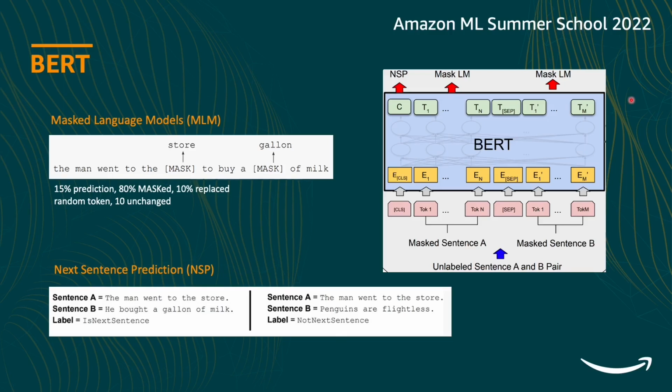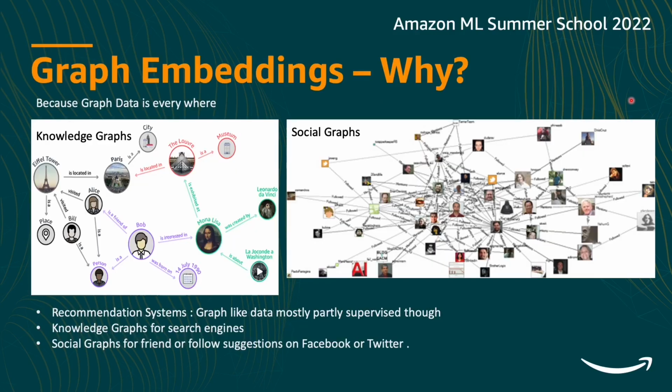Okay, so this ends the section on word representations. Next we are going to look into graphs. Graphs are somewhat of a different data structure, which is very generic, and its applications can be seen in many different domains.